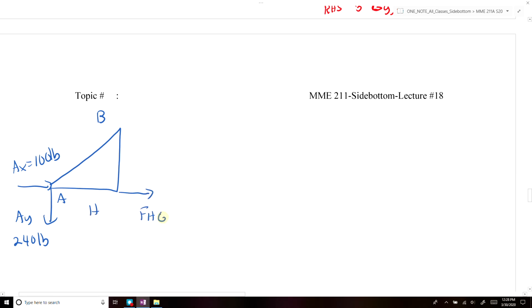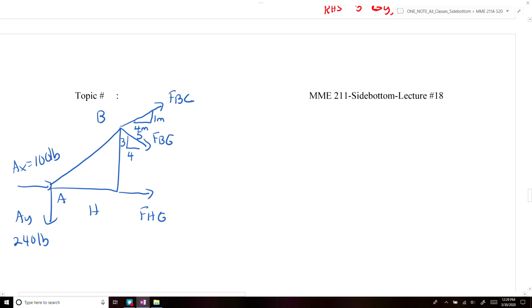We're going to include our internal forces. FBG goes along a 3, 4, 5 triangle. And then FCB, if we look at the original truss, goes along a triangle that goes 4 meters in the X direction and has 1 meter in the Y direction.